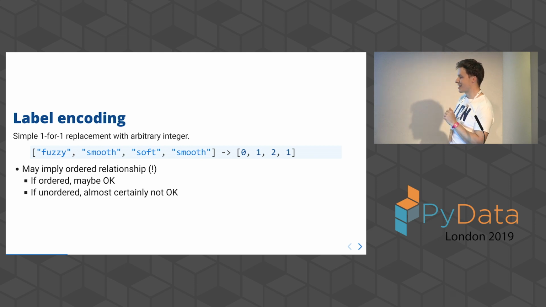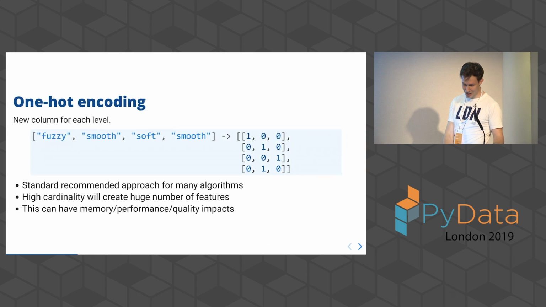So it's really simple. It's just a one-to-one mapping. The big problem is this might imply an ordered relationship depending on the modeling context. If the variable is ordered, maybe that's okay. If it's unordered, then it's almost certainly not a good thing to do. So it's the simplest thing to do, but not, I think, very uncommonly the right thing to do.